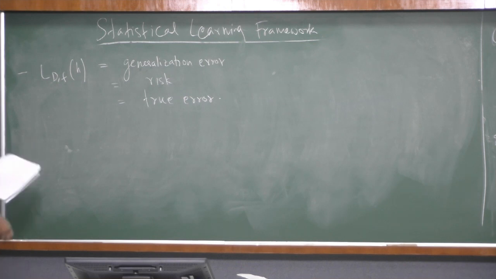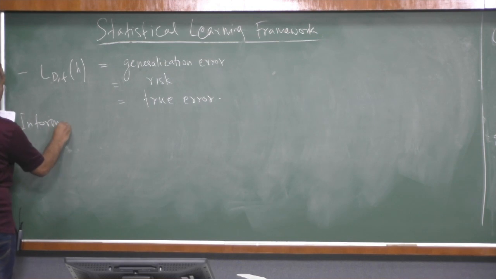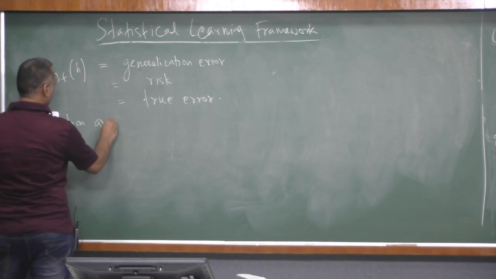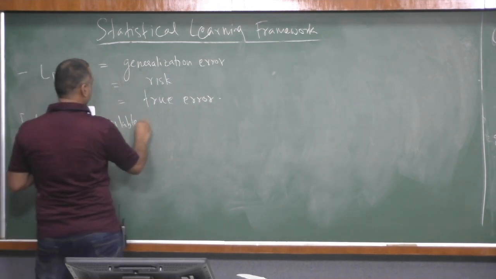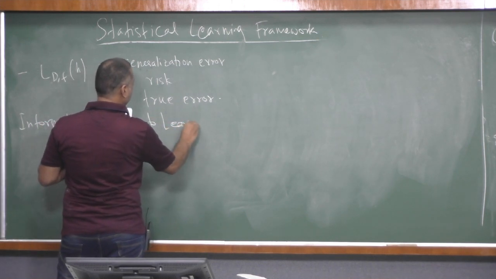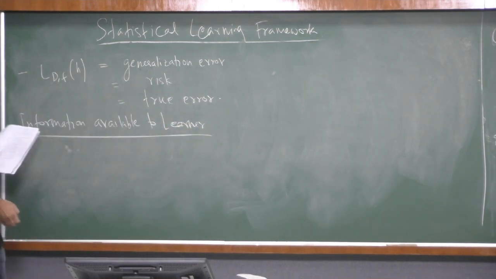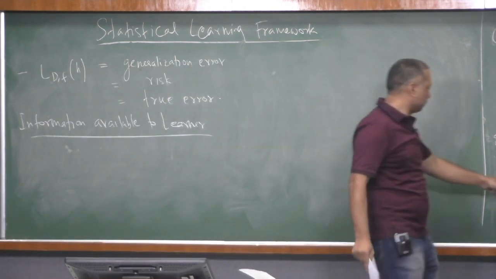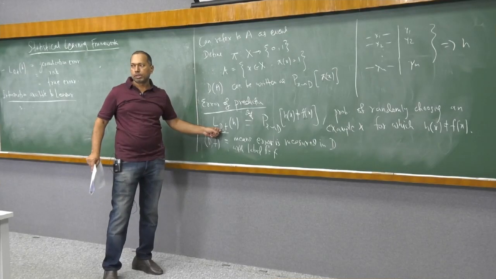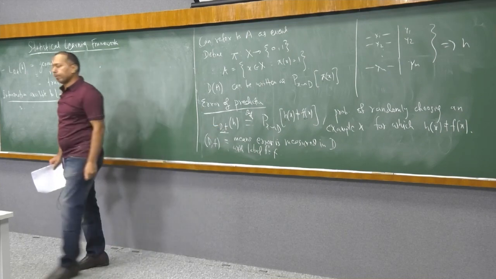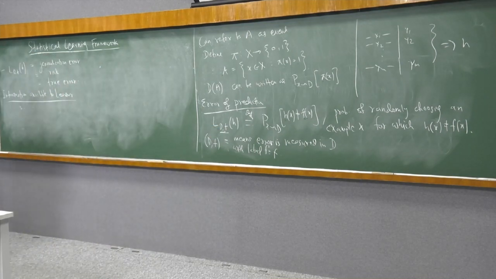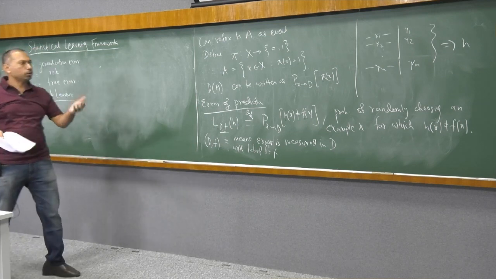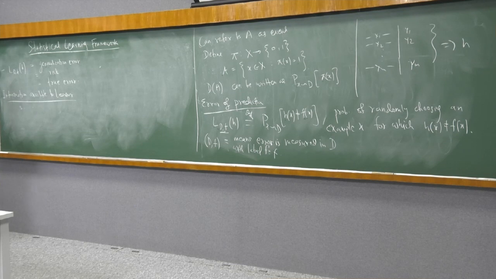So what is the information available to the learner? Well, information available to the learner is not really D, because that's the true distribution. The learner also doesn't know F, because the learner just got the labeled data, but doesn't know how to label, obviously, because if he knew how to label, that would be exactly the same H he is looking for.